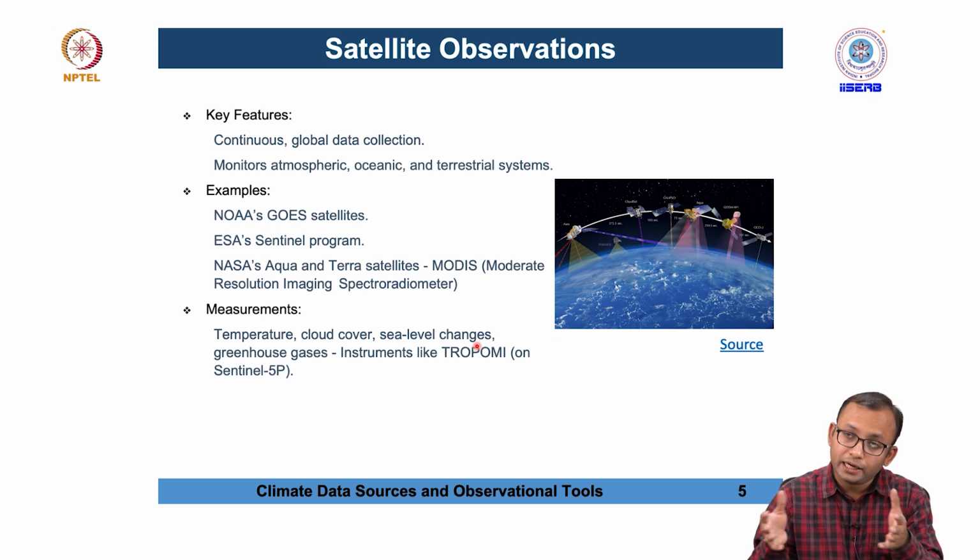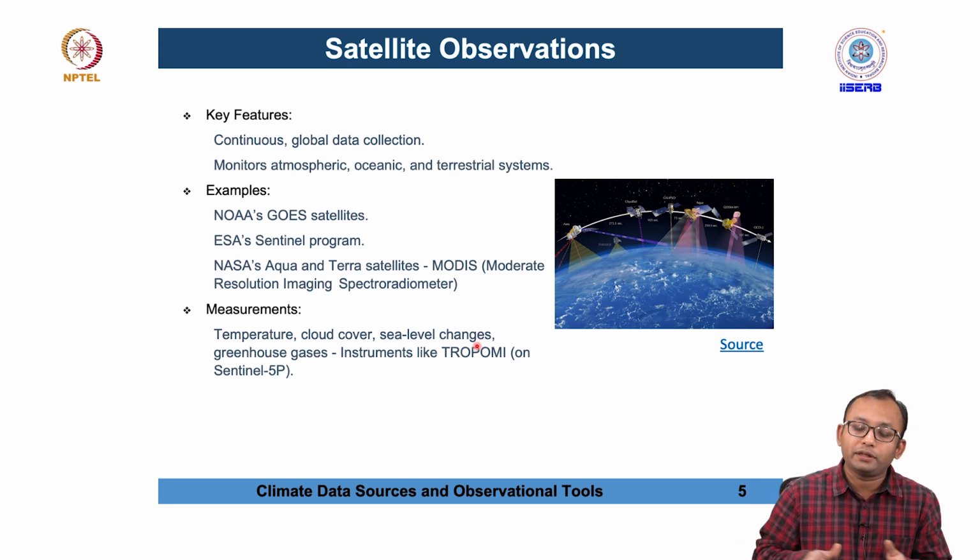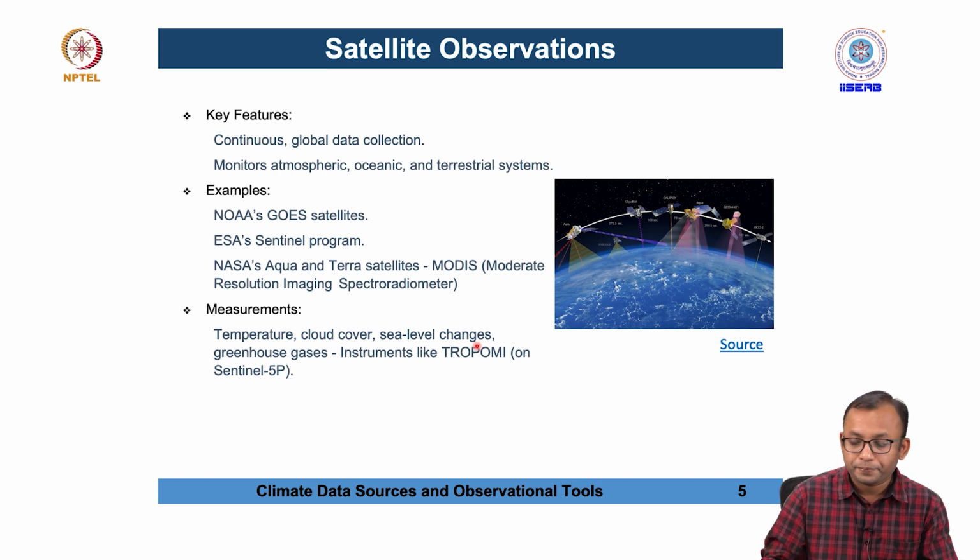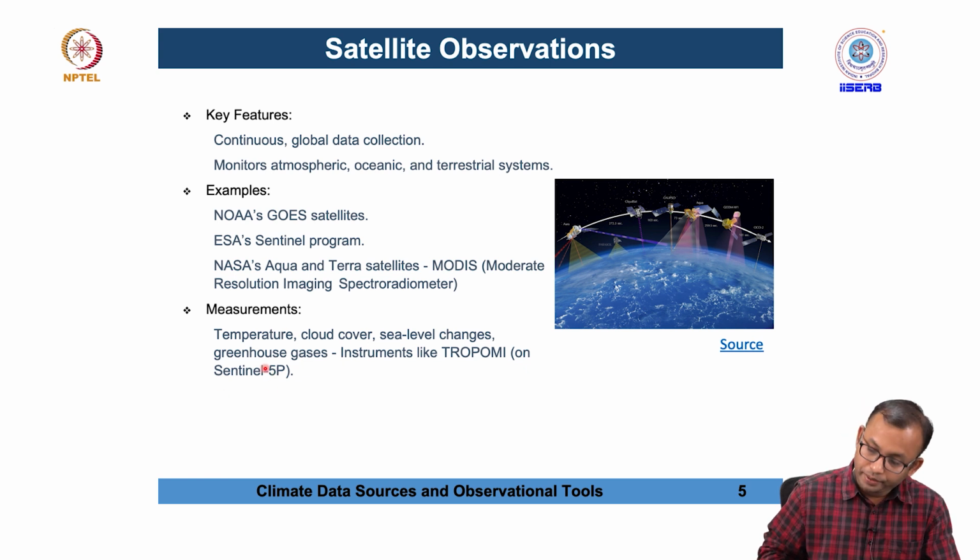Maybe it can be salinity, temperature, or sea level change. For a broader region, we can tell using the satellite data set. In the atmosphere, we can also measure greenhouse gas concentration, how it has changed historically, and whether it is increasing in one particular location or another. For example, TROPOMI, which is installed on Sentinel 5P, can be used for this kind of measurement.